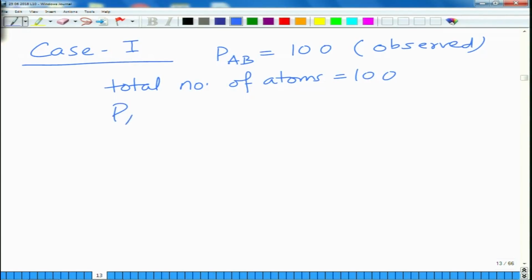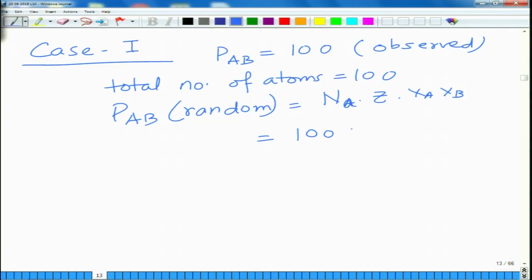So, in that case PAB random was equal to NA into Z into XA XB. So, consider NA as 100, Z as 4 bonds per atom, and if it is an equiatomic alloy, then 0.5 into 0.5. So, this will become 100.